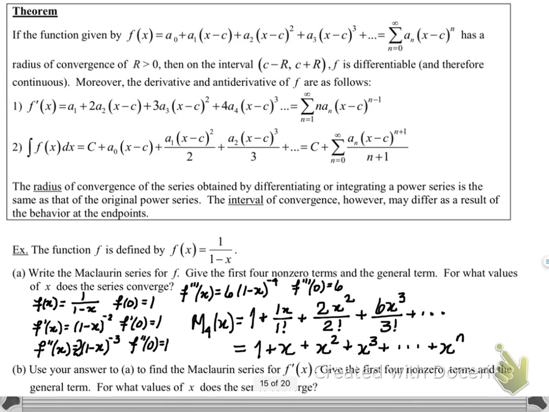We stick that into a Maclaurin series, and we see that f of x, which equals 1 over 1 minus x, actually equals 1 plus x squared plus x cubed plus all the way down to x to the n. Well, for what values of x does the series converge?